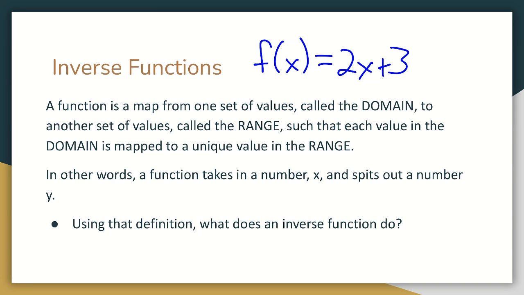A function is a map from one set of values called the domain to another set of values called the range, such that each value in the domain is mapped to a unique value in the range. That sounds so technical. So in other words, a function takes a number x and spits out a number y.